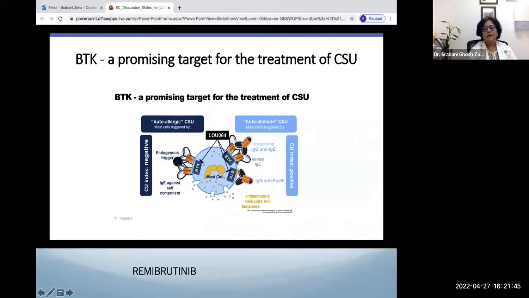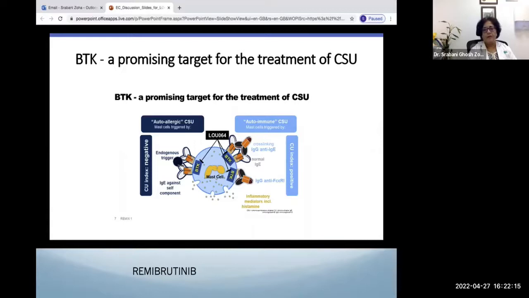Bruton kinase and spleen tyrosine kinase are important for transmission of the signal intracellularly. So Bruton kinase inhibition blocks this signal transduction, thereby inhibiting degranulation of the mast cells. In future, hopefully we will have another drug in our therapeutic armamentarium of urticaria treatment.